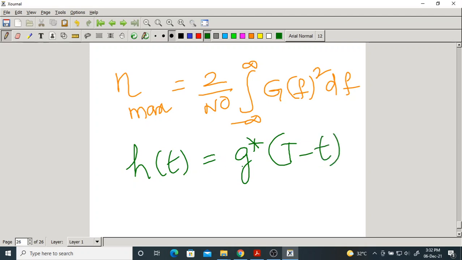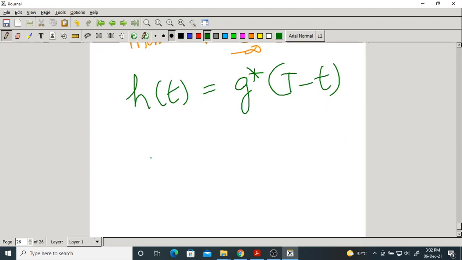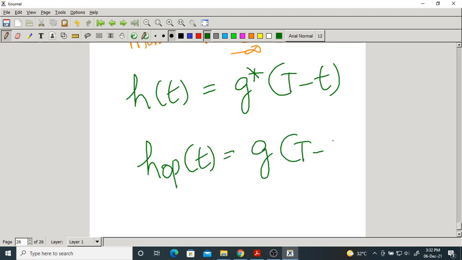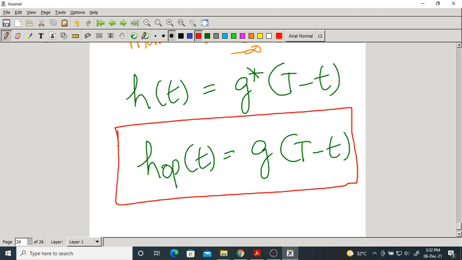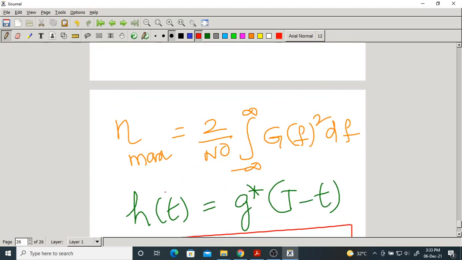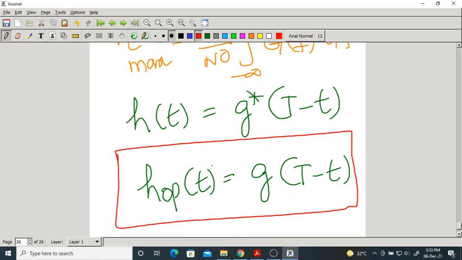The conjugation can be removed if g of t happens to be real. So generally, if it is real, the optimum filter response is simply g of capital T minus t, if k is 1, otherwise k should be there. Which means if the impulse response of the LTI system is like this, we are getting maximum SNR.